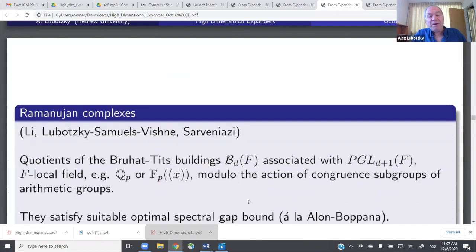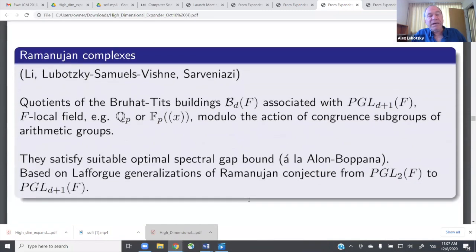So a theory of Ramanujan complexes was developed something like 10, 15 years ago. Winnie Li and Beth Samuels, Uzi Vishne and I, and Angie, we all more or less at the same time started to build such a theory. And in a minute, you will understand why, and why suddenly we all started to work on that.